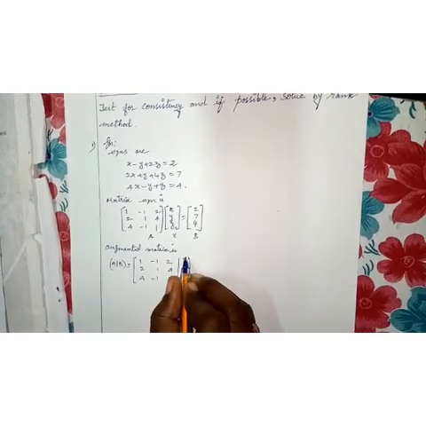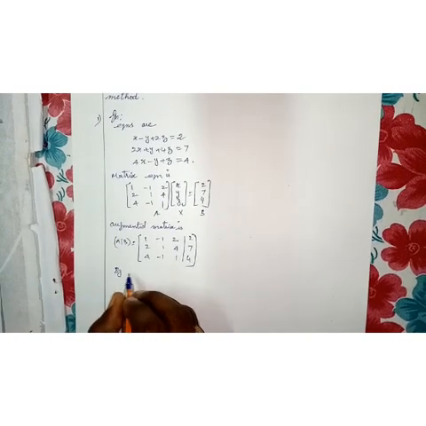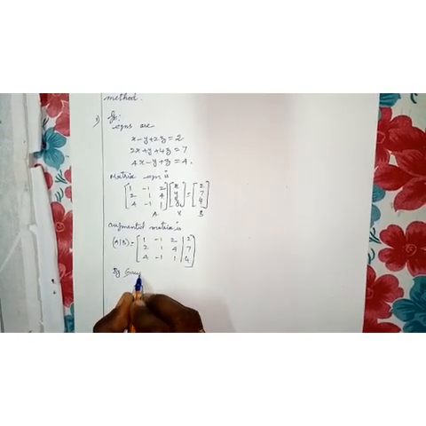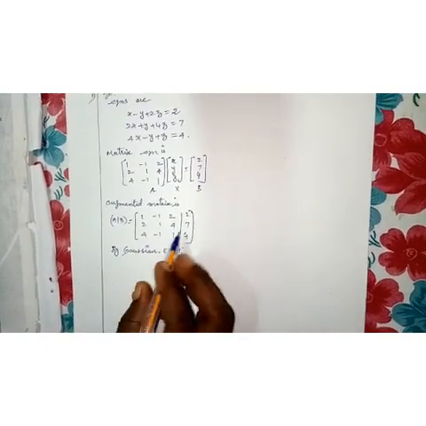This is A, this is B. This is the augmented matrix. Now by using the Gaussian elimination method, using elementary transformations.